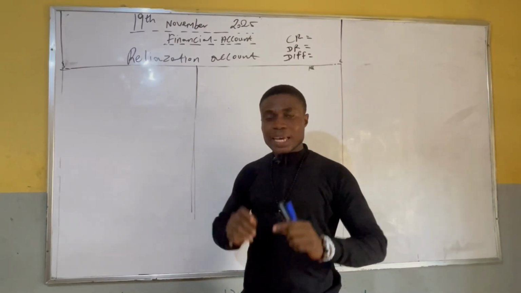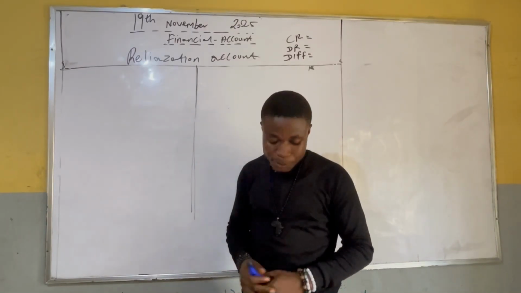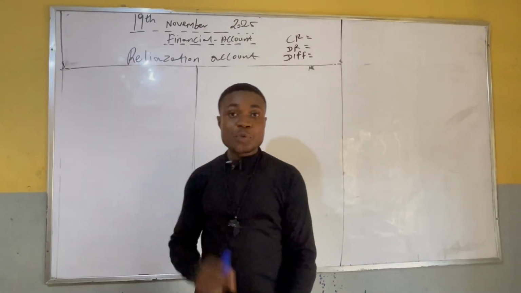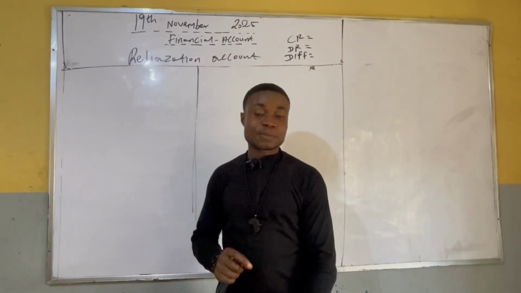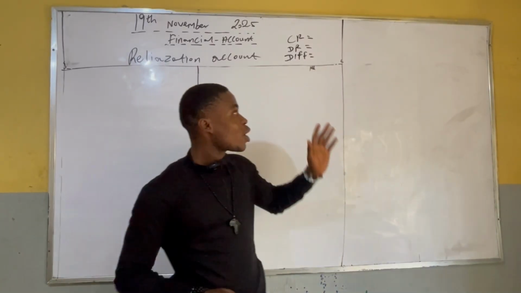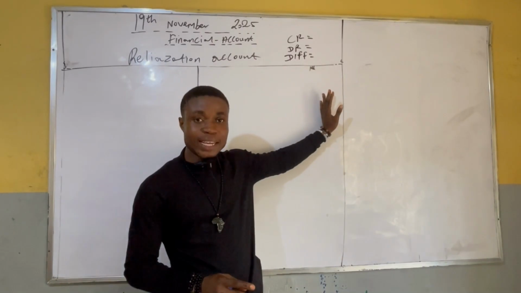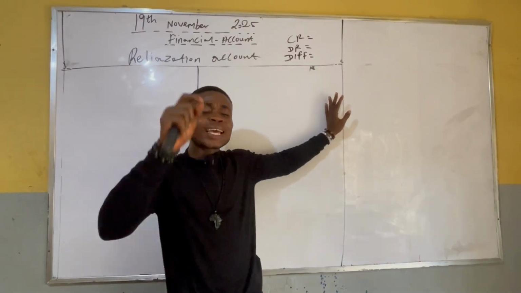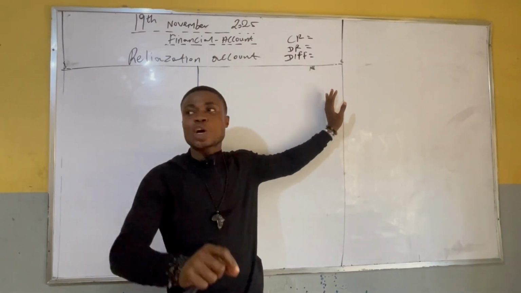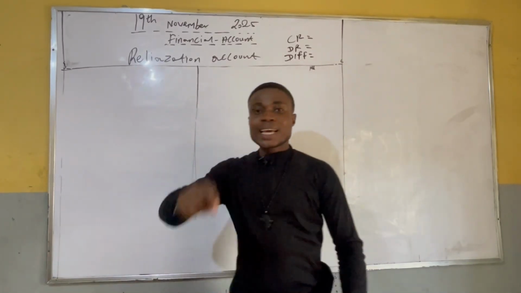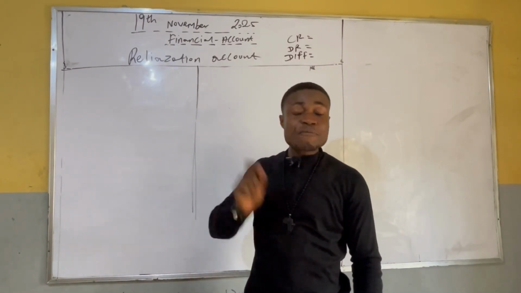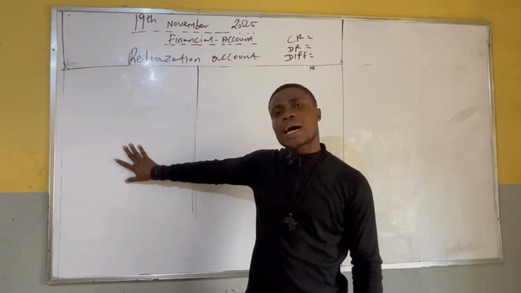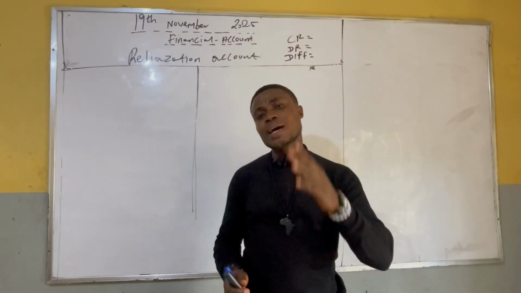Please note that in realization account, at your right hand side, at your credit side, all the information in the balance sheet will come to this side, but in the additional information, everything will come to this particular side. So, class, let's start.